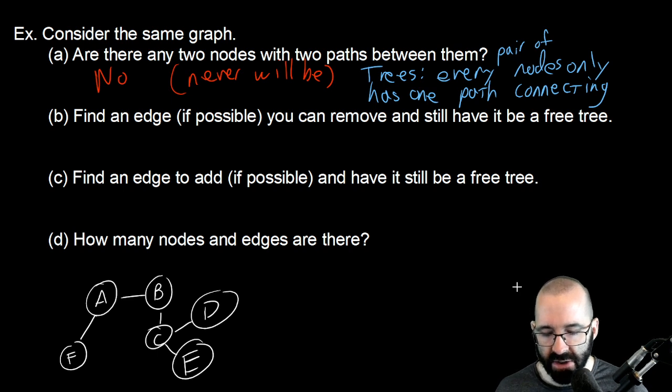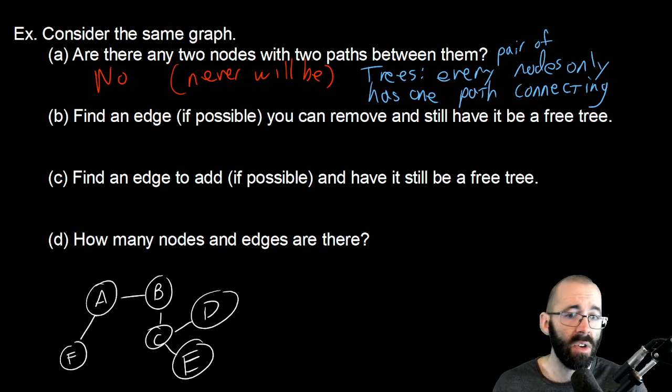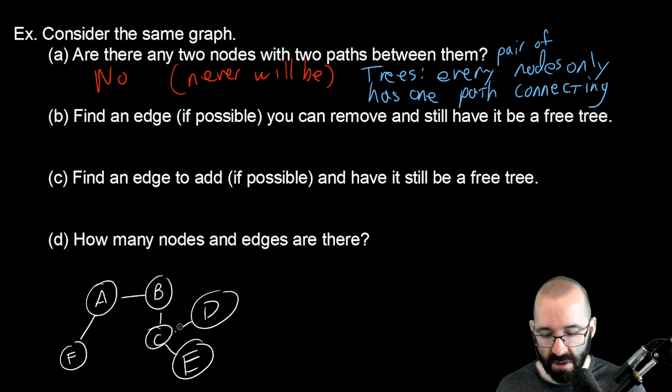Next, find an edge that you can remove and still have it be a free tree. You can play around with this, but any edge that we remove, if we remove this edge, it's not a free tree. Why not? It's not connected. Remove this one. Nope, not connected anymore. Again, this has to do with redundancies. Trees don't have redundancies in general.